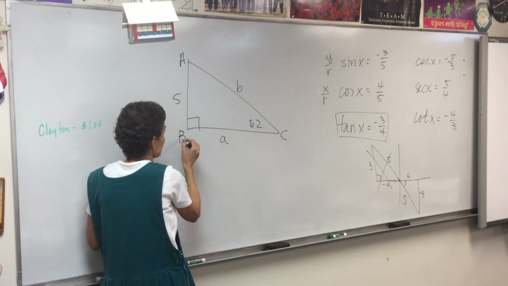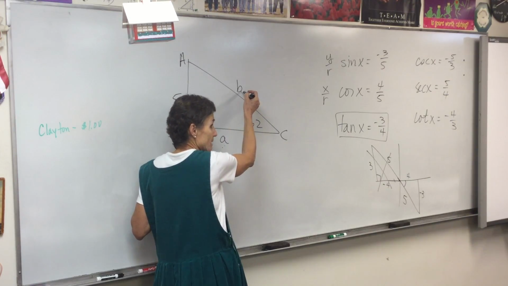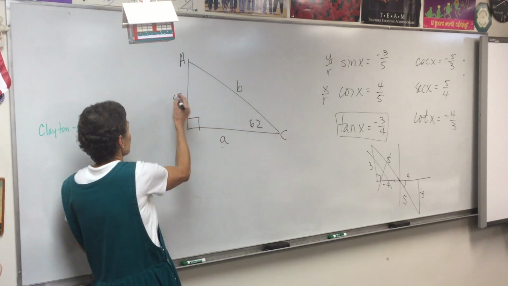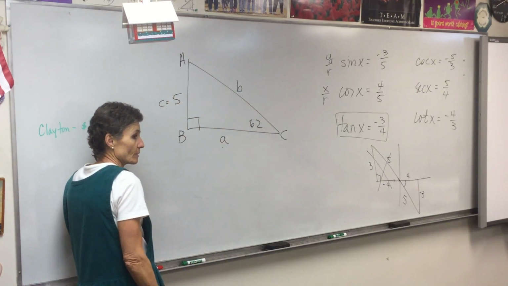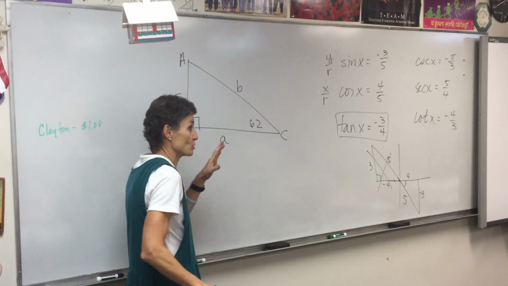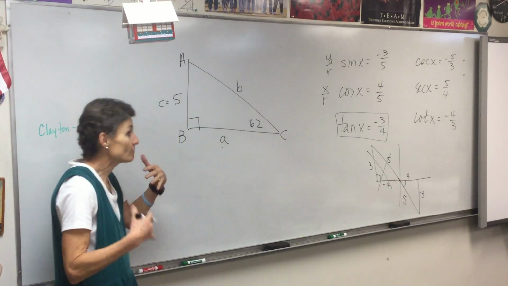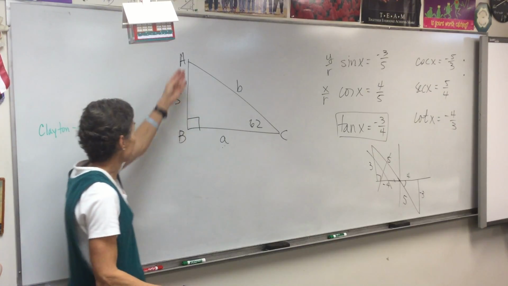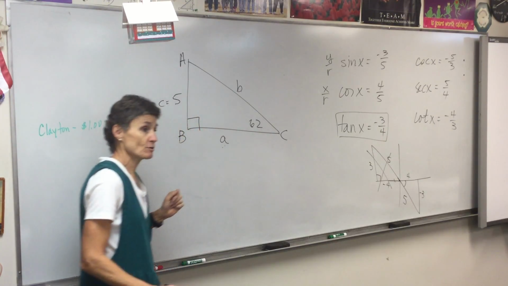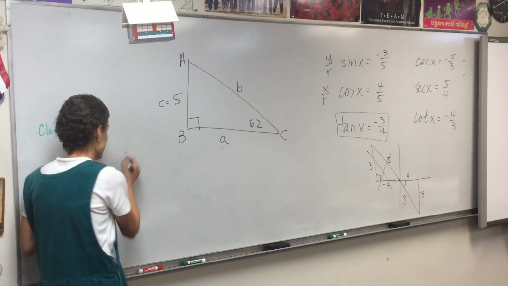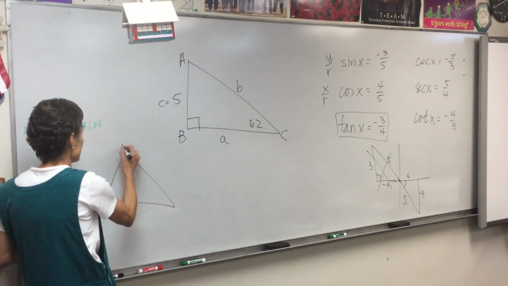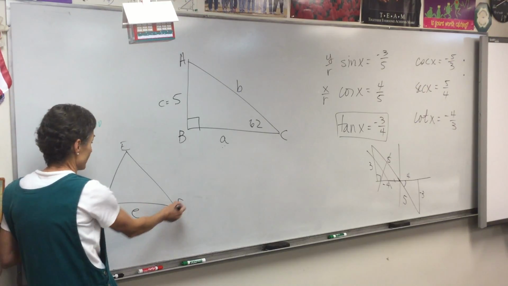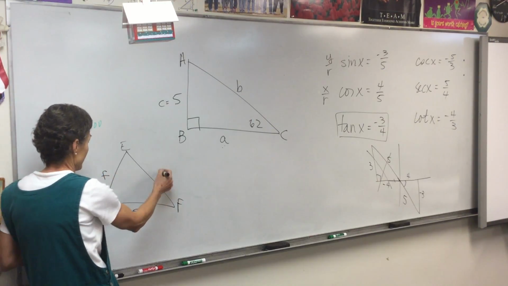So here's angle B, so this is side B. Here's angle C, this is side C. That's just the way it's done, so you're going to have to conform to that rule. Capital letters for the vertices, for the angles, small letters for the sides. So if we had D, E, F, this would be side E, this is F, and this is D.